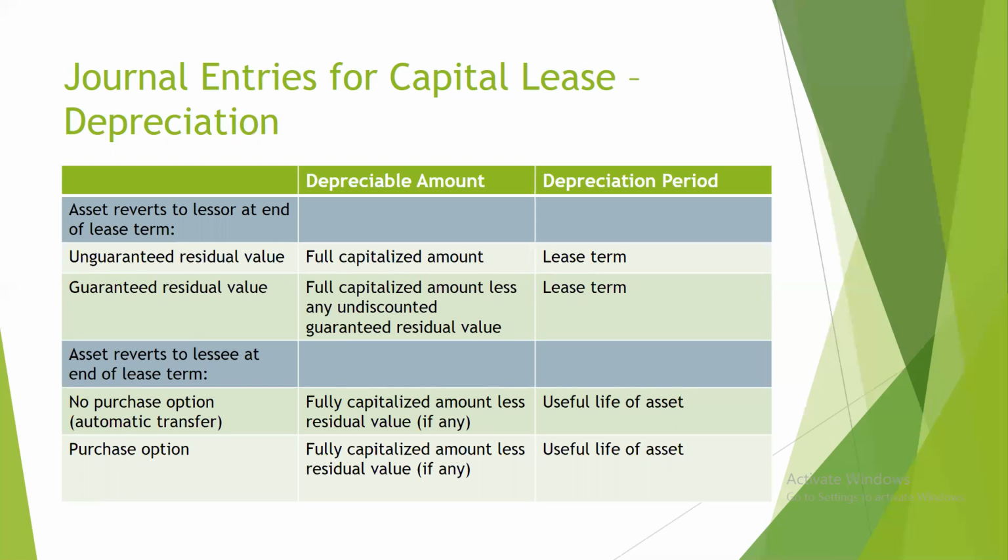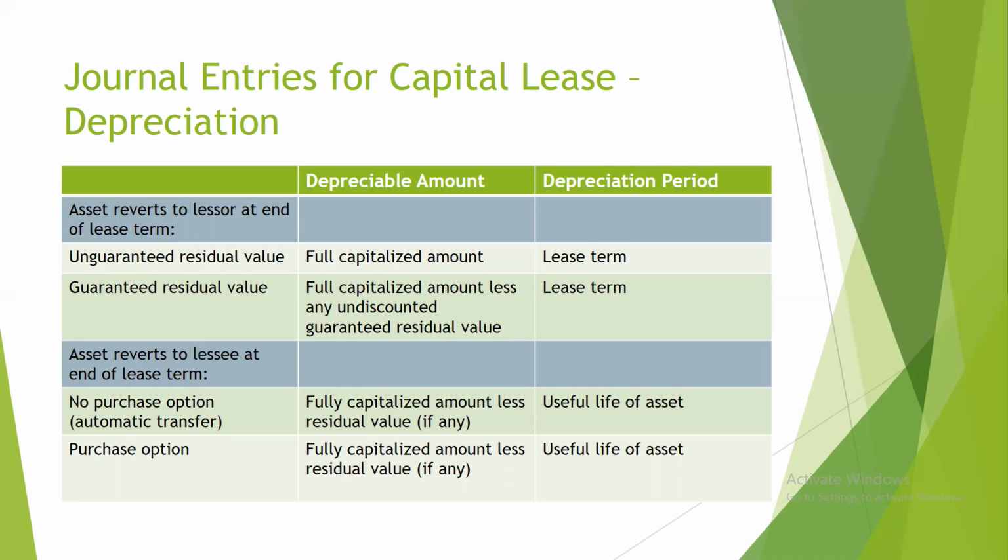Okay? So if the asset's going back to the lessor, the depreciation period is the lease term. If the lessee is going to obtain ownership of the asset at the end of the lease term, then we take the fully capitalized amount less any residual value, it doesn't matter if it's guaranteed or unguaranteed, and divide it by the useful life of the asset.